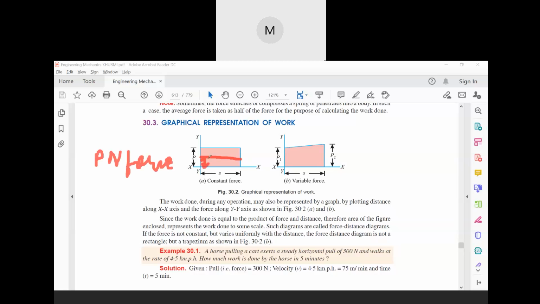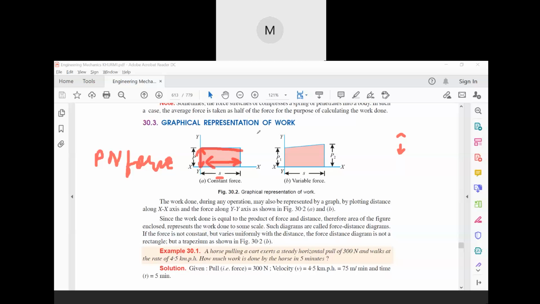So along this axis you have to put this value, that is the value of the force. Now s is the distance, so you have to put it along this axis.